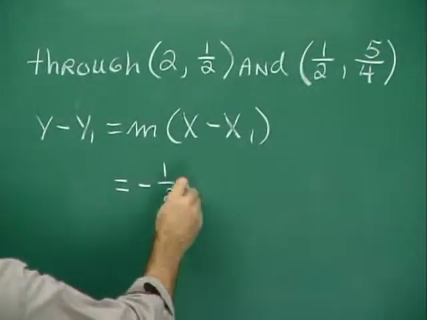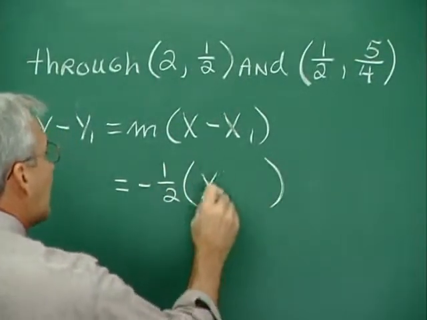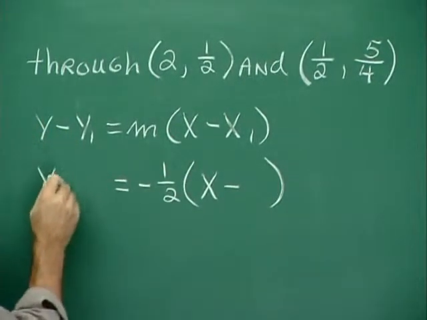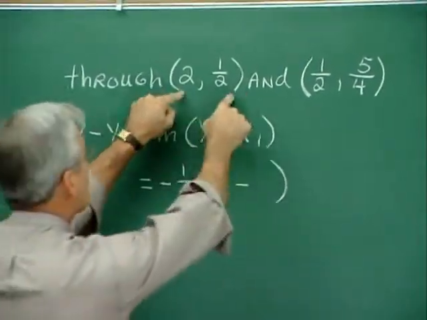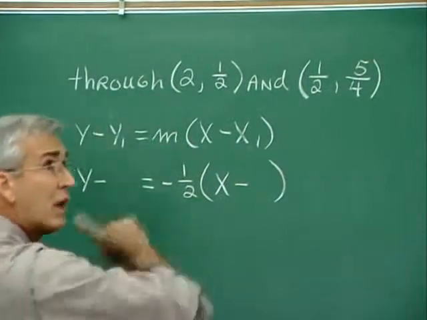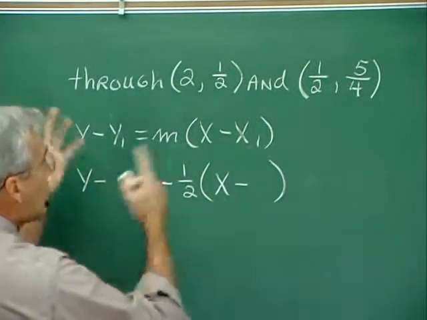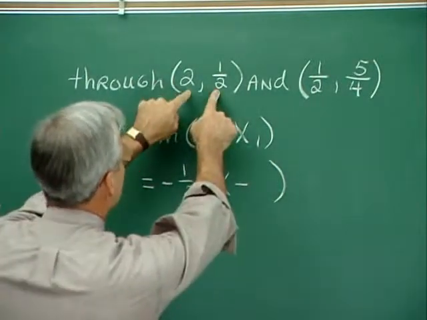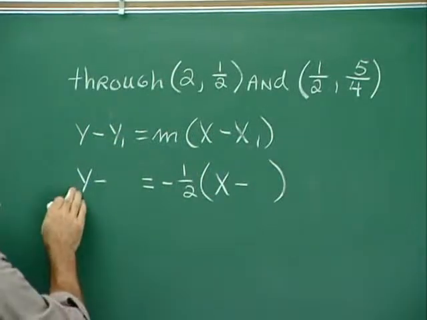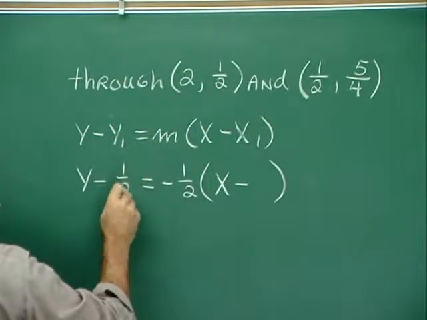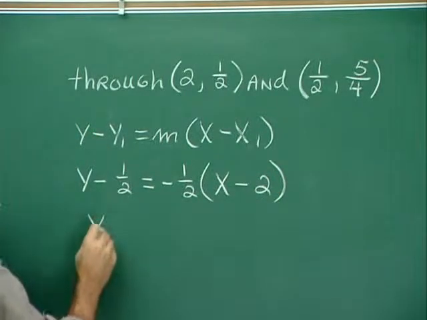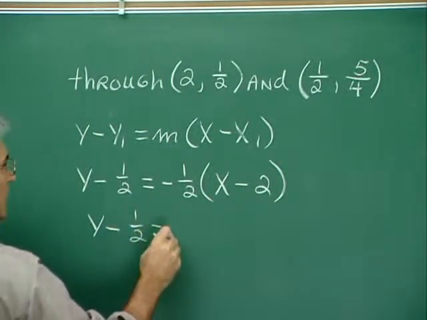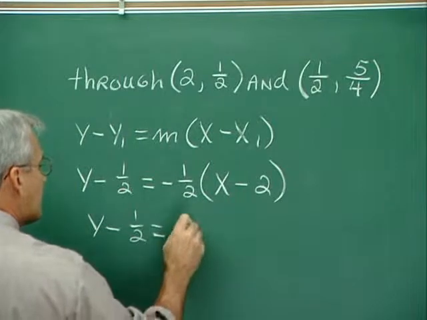Now, what am I going to do, though, about the other stuff? I've got x minus something here, y minus something here. What xy pair do I put in here? Do I put this pair or that pair? Turns out, doesn't make any difference. So just take one that kind of looks easy. This one only has one fraction. Let's use that one. So we have y minus 1/2, and then over here x minus 2. And now we go through and clean up a little bit. This is negative 1/2 times x.